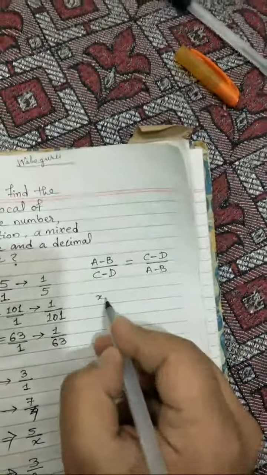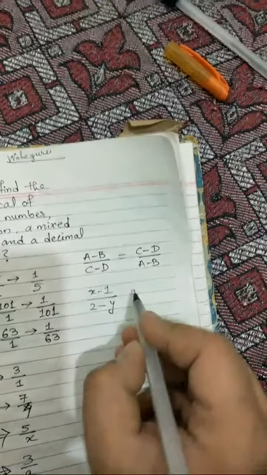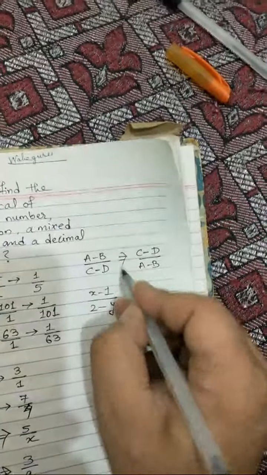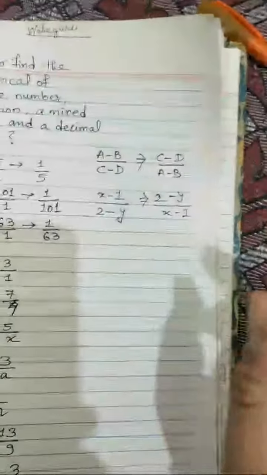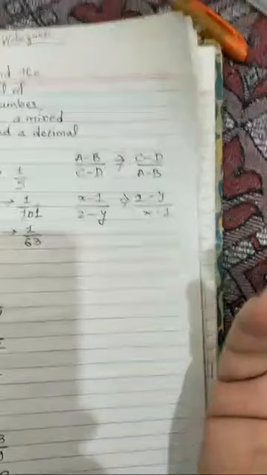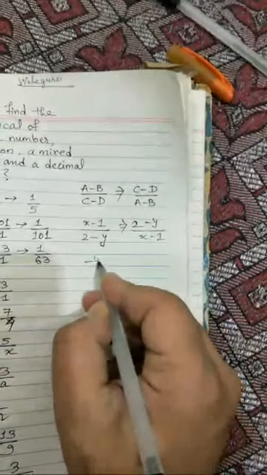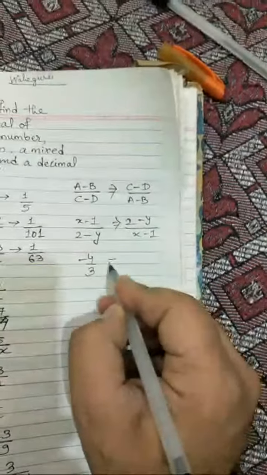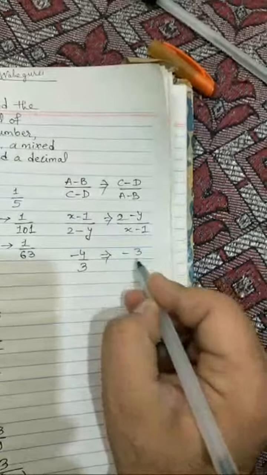The reciprocal of x minus 1 upon 2 minus y would be 2 minus y upon x minus 1. What you need to do is just make the numerator the denominator and the denominator the numerator. Minus 4 by 3, the reciprocal would be minus 3 by 4.